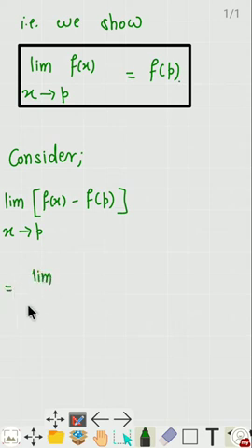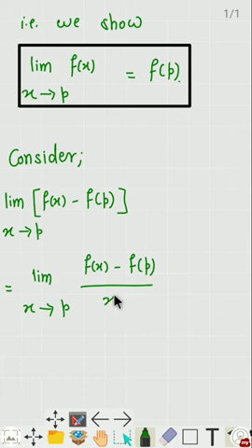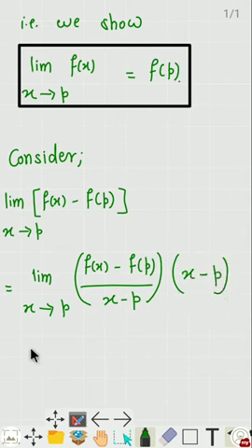Limit x tends to p. For this term f of x minus f of p, we divide by x minus p and then we multiply by x minus p. Now we separate the limit for these two terms.